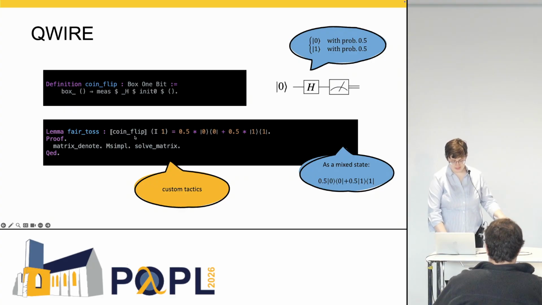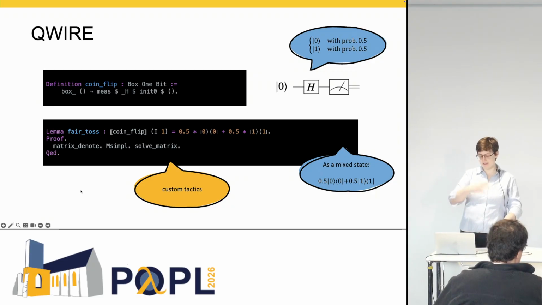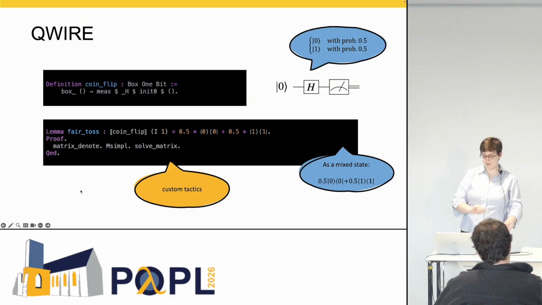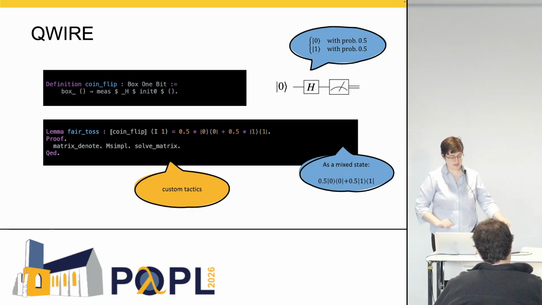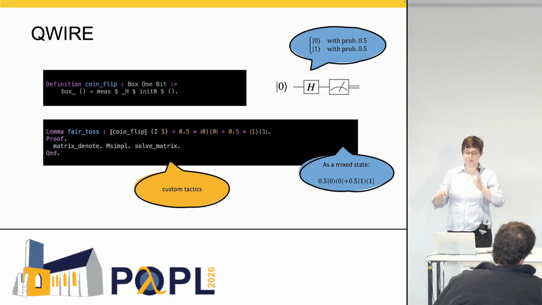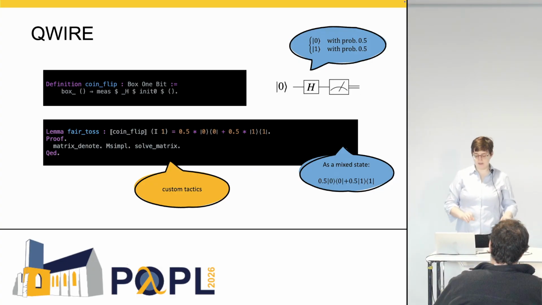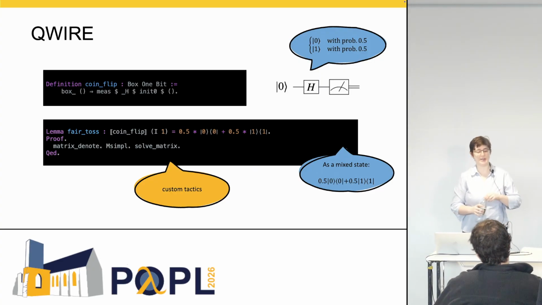We say that the semantics of the coin flip circuit produces this particular mixed state as the output. And the proof, while written shortly right here, applies a bunch of custom tactics that do matrix manipulation in Rock, which, as you might imagine, takes a little bit of finessing. But Robert has built up a very nice library that can do quite a lot.